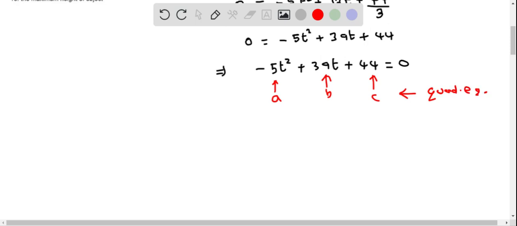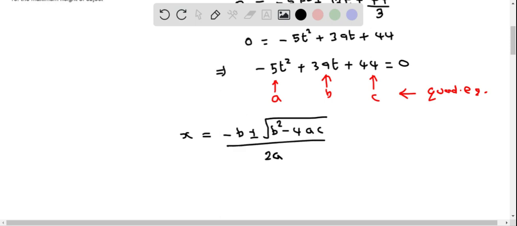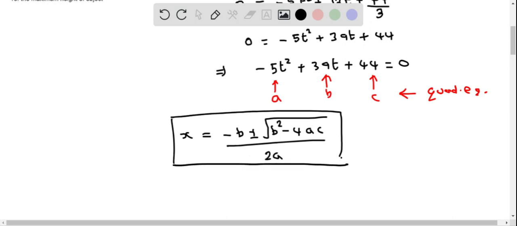So let's write the formula of the quadratic equation to find the roots. x equal to minus b plus or minus square root of b squared minus 4ac over 2a. So this is the formula which we are going to use to find the roots of the quadratic equation. So here I write down t because this is a quadratic equation in the variable t.